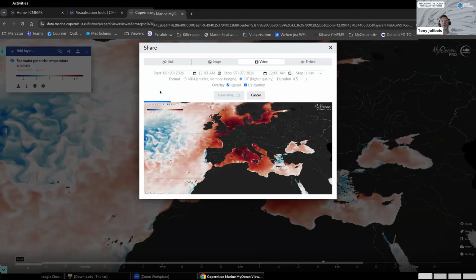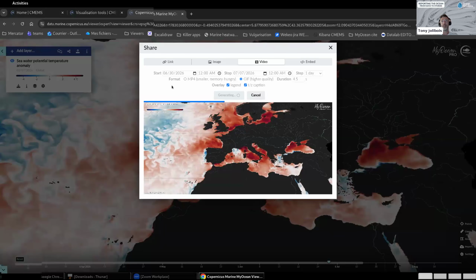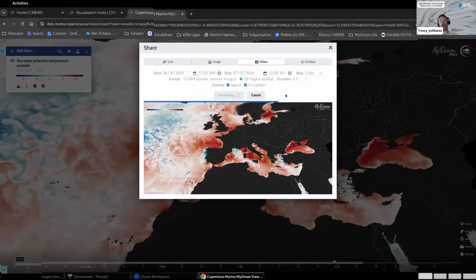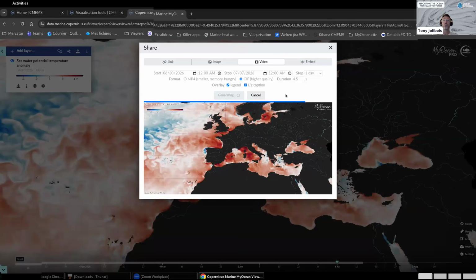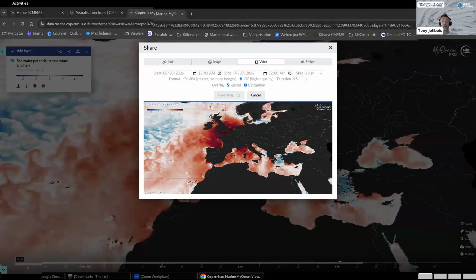So generate video, and it will generate an image for each time step during the duration you've just selected, and you will be able to download an animation that can be interesting for social networks and so on, if you need to have something that moves more than something that is static like a map.